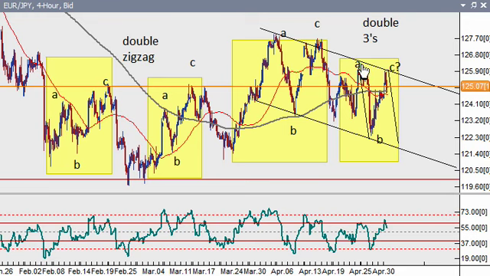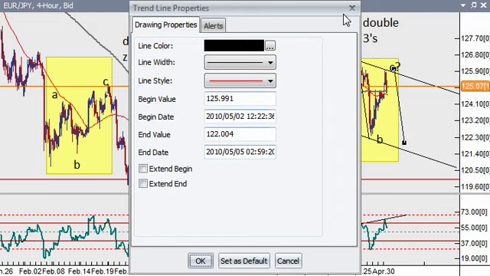Right now, in the short term at least, we have this projection here from our negative RSI reversal. So at least in the short term we would see a decline towards here, towards 122.